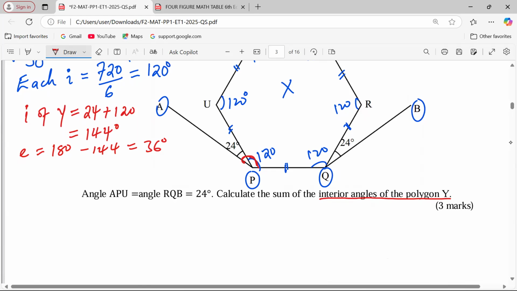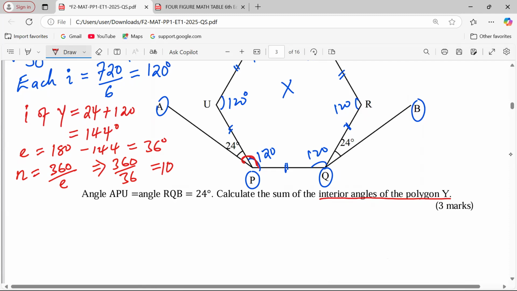And we know that for us to get the number of sides, we need 360 out of the exterior angle. So 360 out of 36 will give us 10 sides.